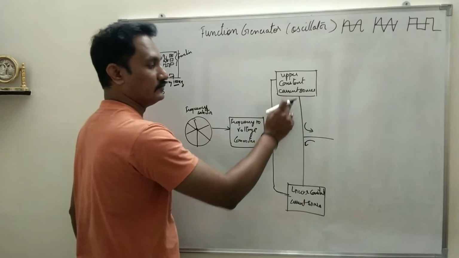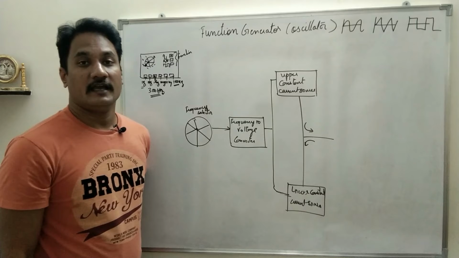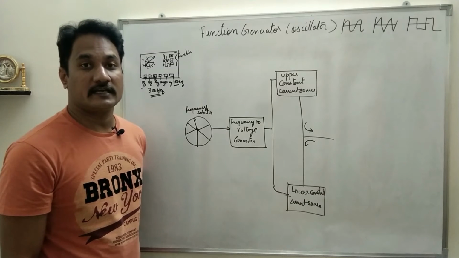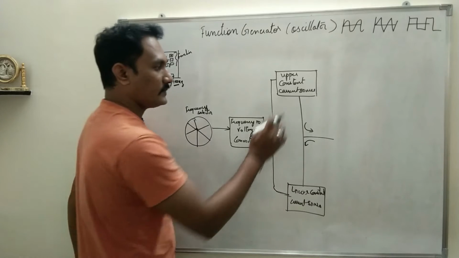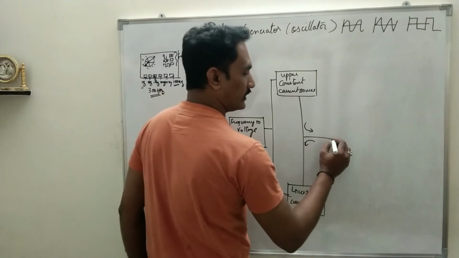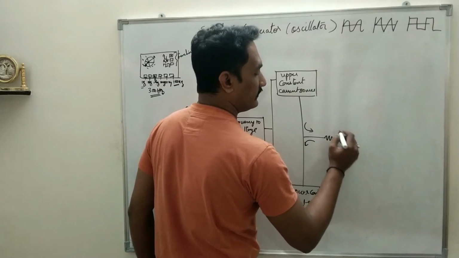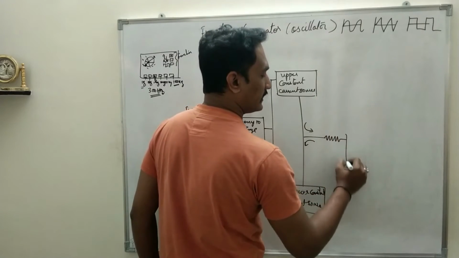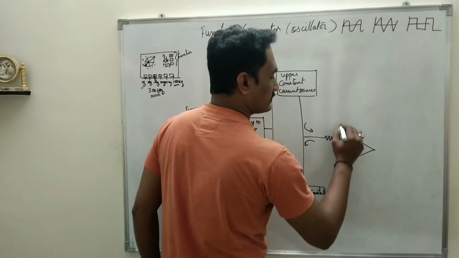The phase shift between these two is 180 degrees, they will be exactly opposite to each other. So the upper constant current source and lower constant current source, the output of this source will be connected to an integrator circuit.